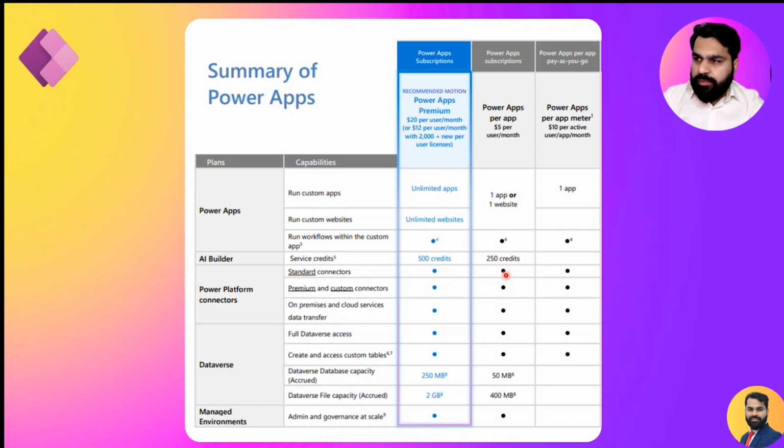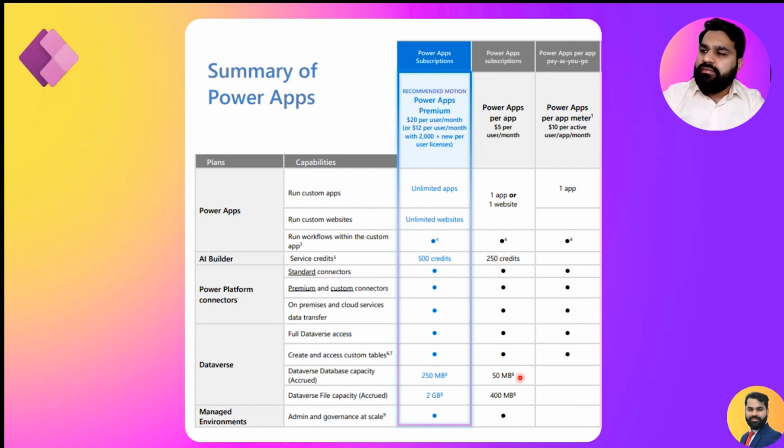From the AI Builder credits perspective, 250 such credits per license will be allocated to the tenant. Then these users will be able to access the standard connectors, premium and custom connectors as well, and the on-premise data gateways, in case any integration is required from the cloud, which is Power Platform, to the on-premise system, like the SQL Server or Oracle Server examples we already took. These users will get full Dataverse access and will be able to create and access custom tables as well.